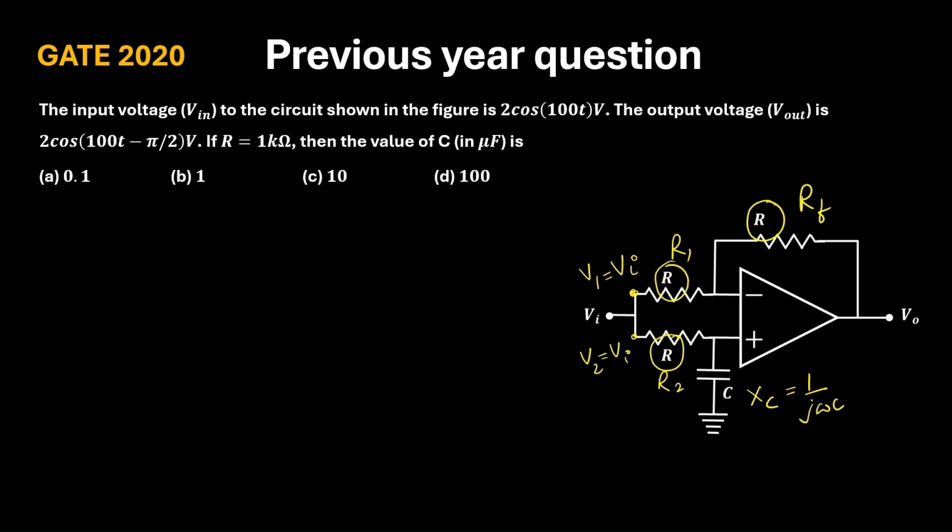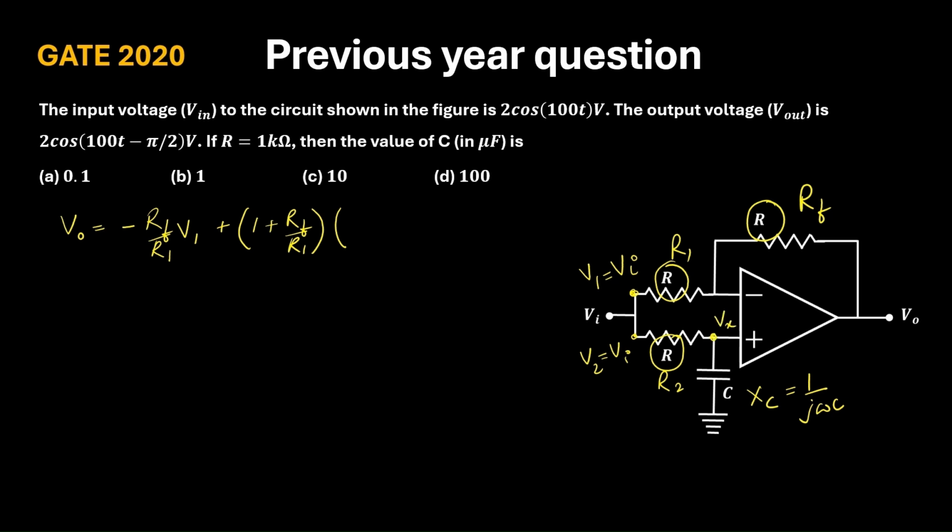Now, if we use the trick which we have learned, the output will be equal to, okay, first you ground V2. So when you ground V2, the output contributed by V1 will be minus RF by R1 into V1. Then next, the contribution from V2 when V1 is grounded, it will be plus 1 plus RF by R1 into the voltage at this point, this is Vx.